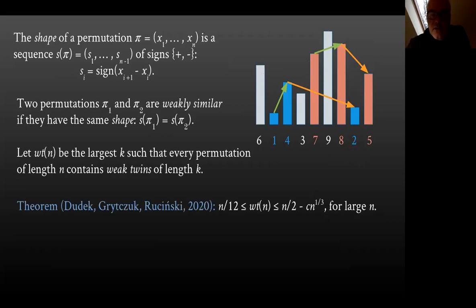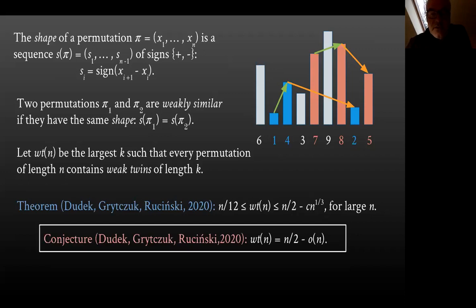And we now have better bounds for this function. First of all, it is linear in n, and maybe it is even asymptotically equal to n half, which would mean that from every permutation we can remove a small part and in this way get a pair of weakly similar twins.